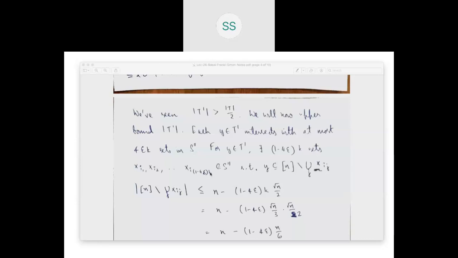Now, what does it mean? y cannot choose any of the elements in these 1 minus 4 epsilon k sets, because it's disjoint. So how many elements can y choose from? All the elements inside these 1 minus 4 epsilon k sets are out. So how many elements are contained in these sets?